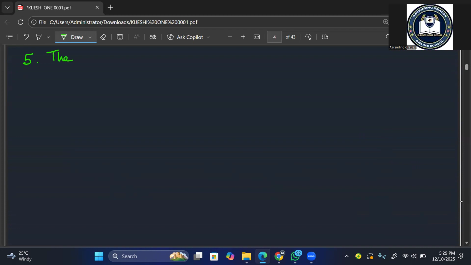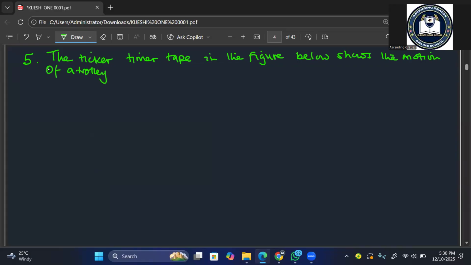The ticker timer tape in the figure below shows the motion of a trolley in the direction shown.